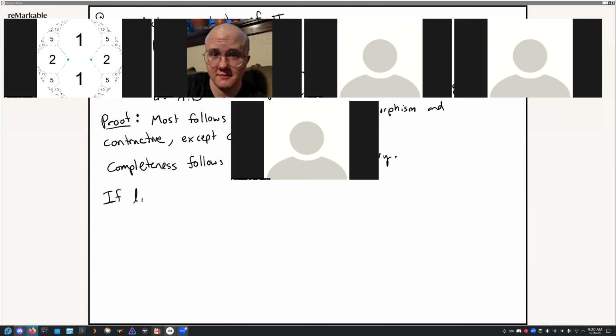So if the limit of, say, pi of a_n, some arbitrary sequence in the image of A, is b, then the sequence pi of a_n is Cauchy, and pi is an isometry, so pi doesn't change the distances between the a_n. So that means the sequence a_n is Cauchy.